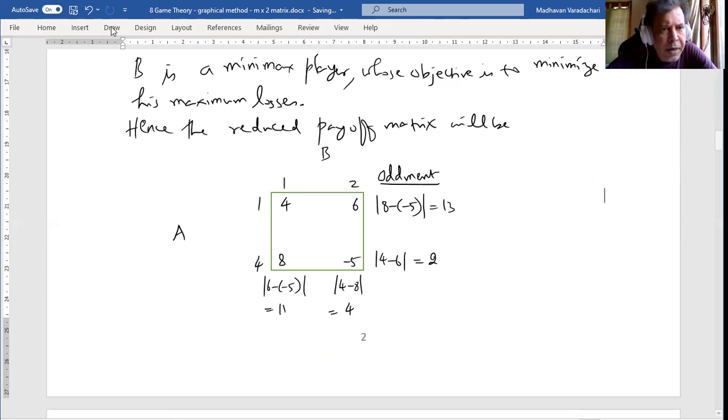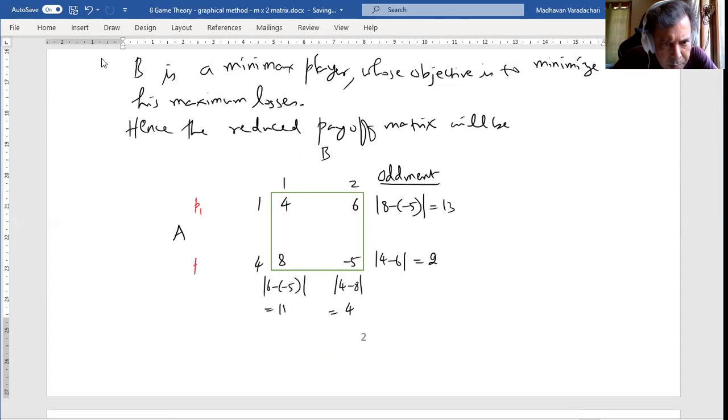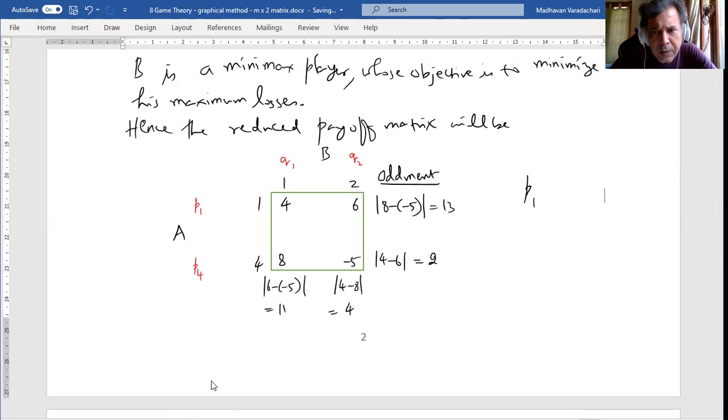We know the probabilities for strategies 1 and 4 are P1 and P4, and here Q1, Q2. P1 is the corresponding oddment, 13 divided by 13 plus 2, so it becomes 13 by 15.